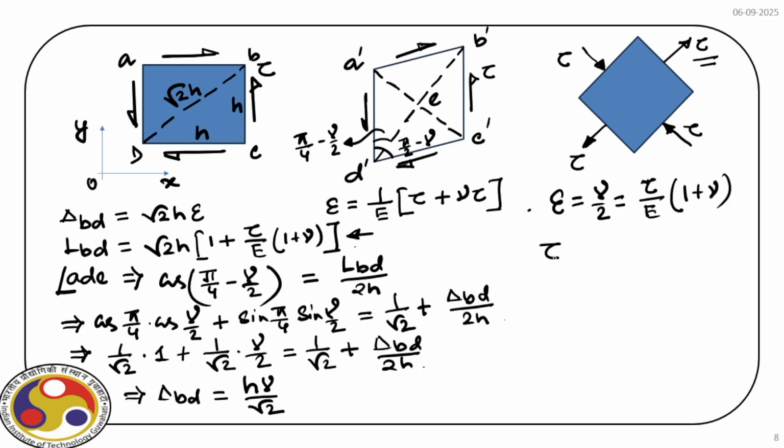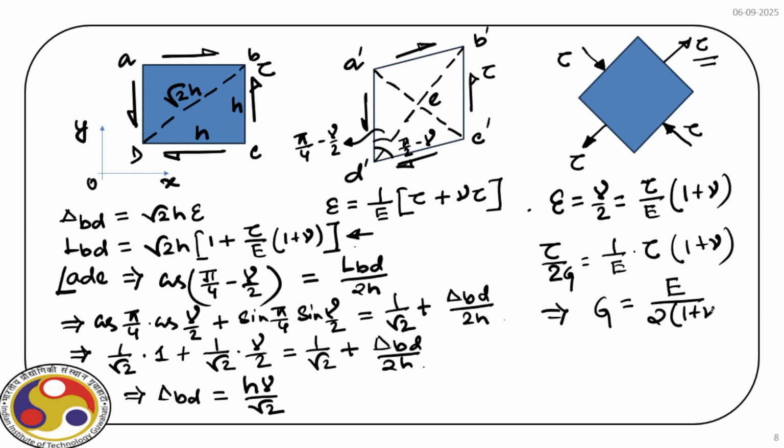So what we have, tau by twice G is equal to 1 by E times tau times 1 plus nu, right? So we have G is equal to E by 2 into 1 plus nu.